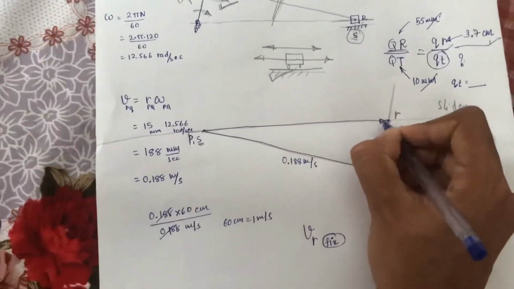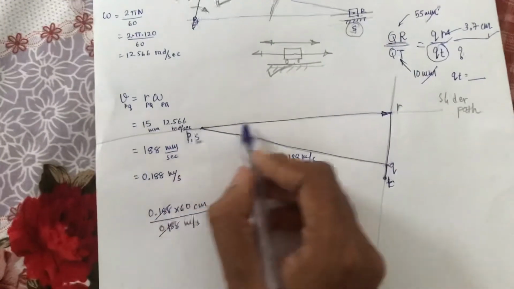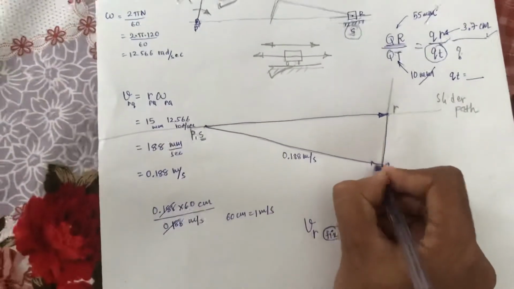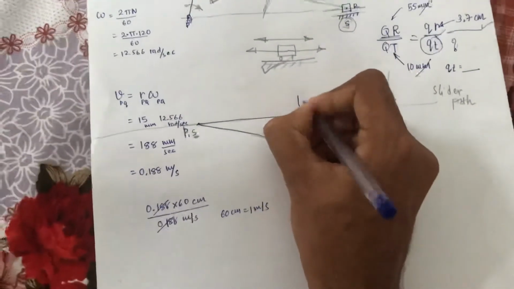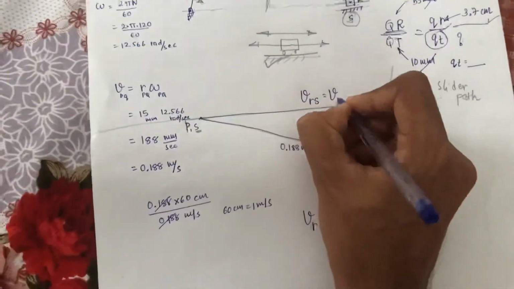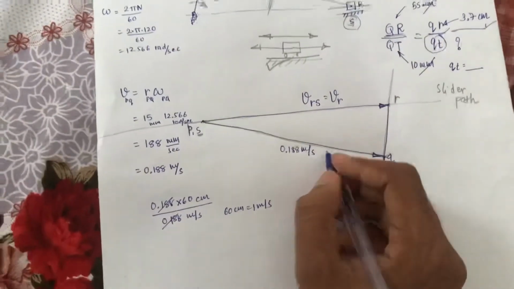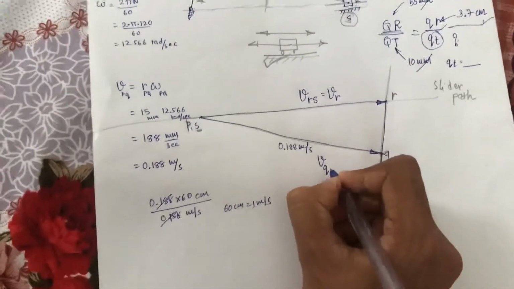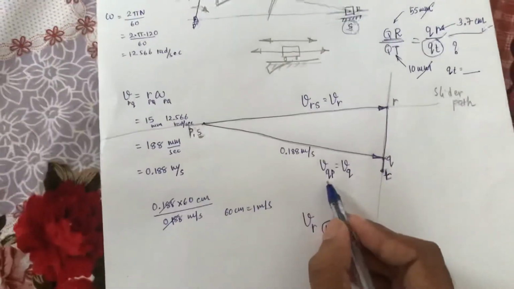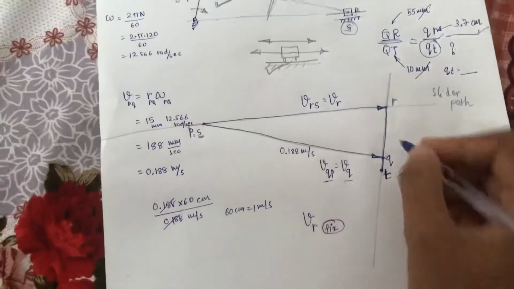The arrow is from the fixed point, from the fixed point towards R, and from the fixed point towards Q. So that is the velocity of R with respect to S, or the velocity of R only. This one is called the velocity of Q with respect to P, or the velocity of Q only. So here relative and absolute are both the same.